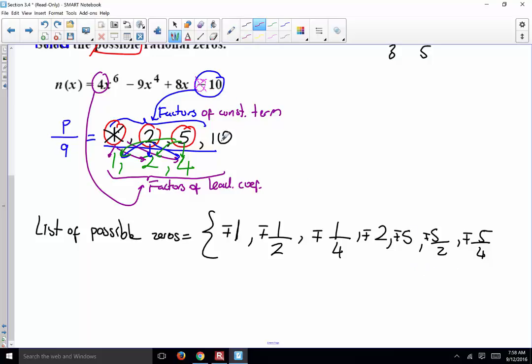Next, 10. 10 goes into 1, 10 goes into 2, 10 goes into 4. How many new different ones do we get? 10/1 is the first one. And then 10/2, which is 5 again, so we don't double count. And 10/4, is it new? No, 10/4 is the same as 5/2 when you reduce. So this is it.